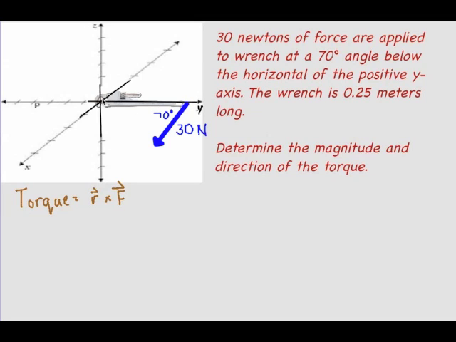Here is the axis of rotation, and our force vector. So we first have to determine the values of these vectors. If I first look at my wrench, I can see that that vector is going to be x is 0, y is 0.25, and z is also 0.